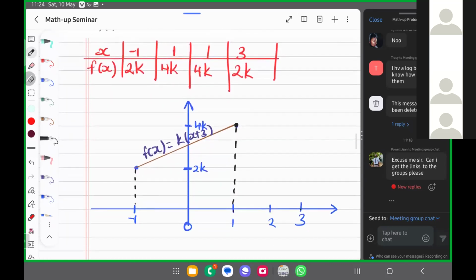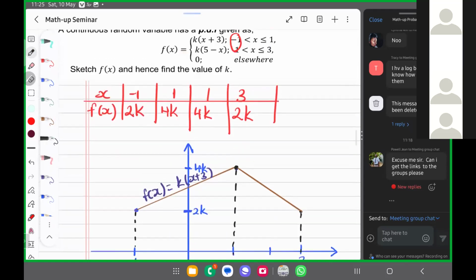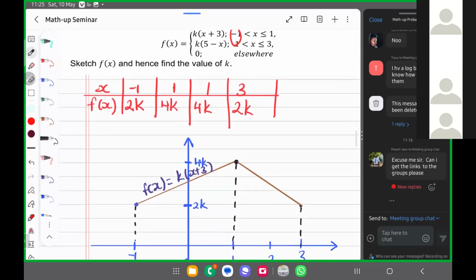So 3 is here, then 2k is here. So my point is over there. Then I join those 2 points with a straight line. And then I name that part of the function as f of x being equal to k into 5 minus x.